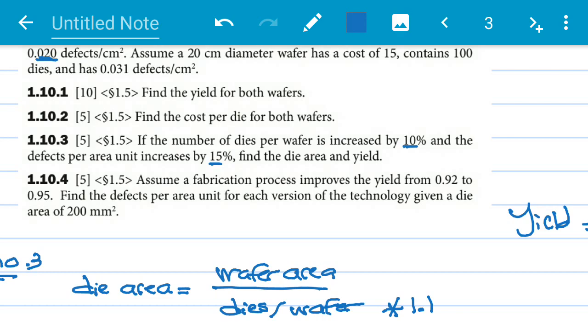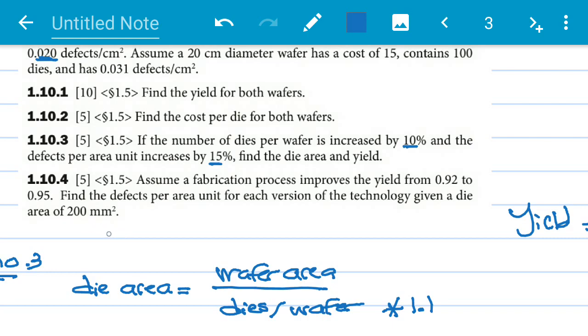In the fourth one, he says that the fabrication process improves the yield from 0.92 to 0.95. Find the defects per area unit for each version of the technology given a die area of 200 millimeter square.